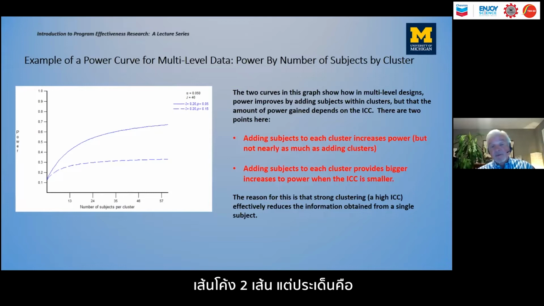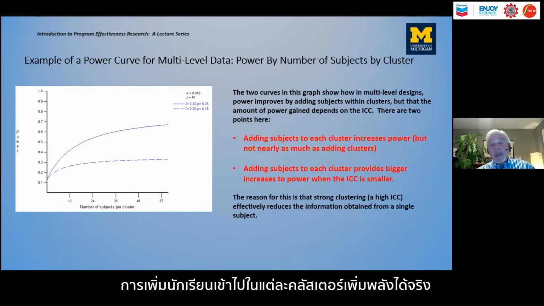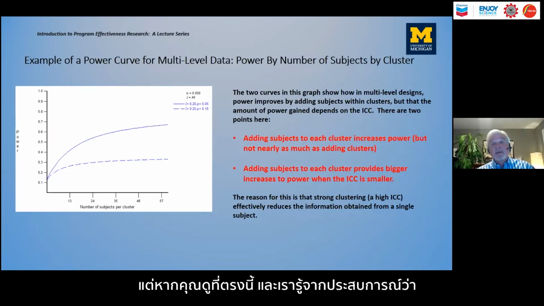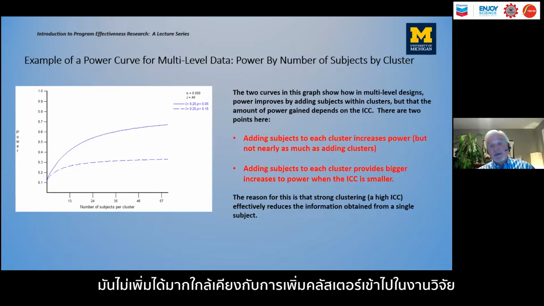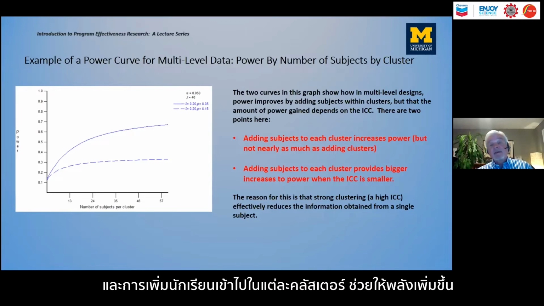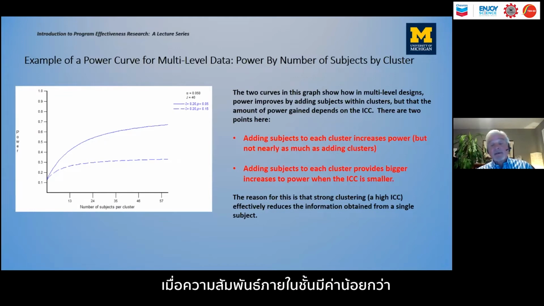There's two curves there. But the point is, adding subjects to each cluster does increase power. But again, if you look at this, and we know from experience, it doesn't add nearly as much as adding clusters to your study. And adding subjects to each cluster provides bigger increases to power when the ICC is smaller.